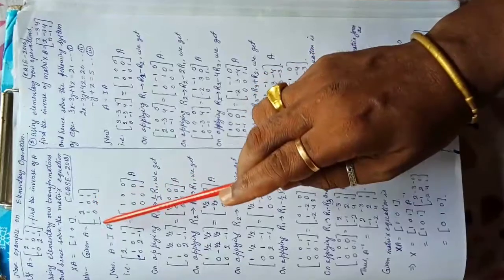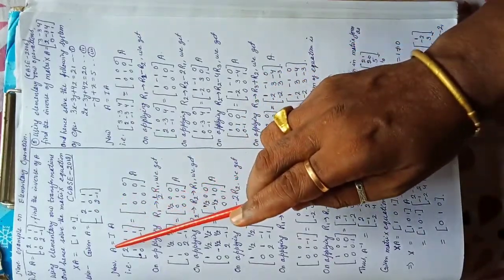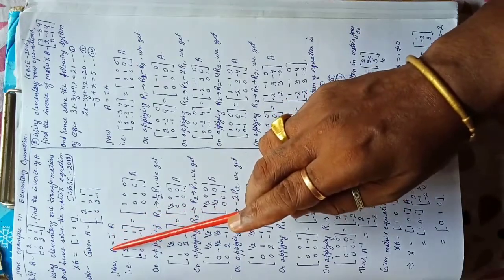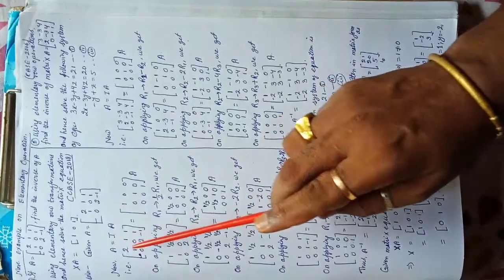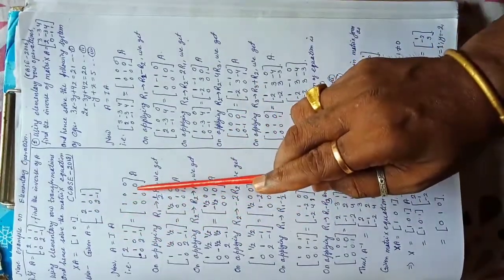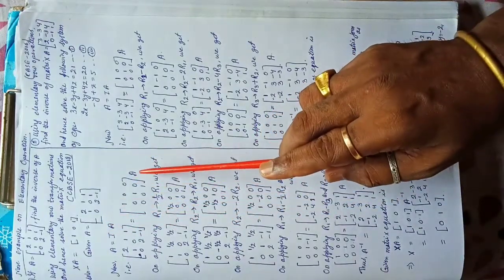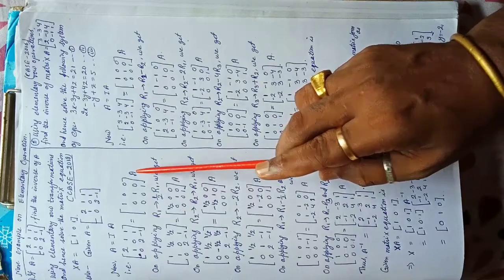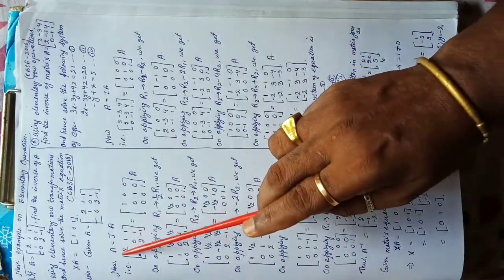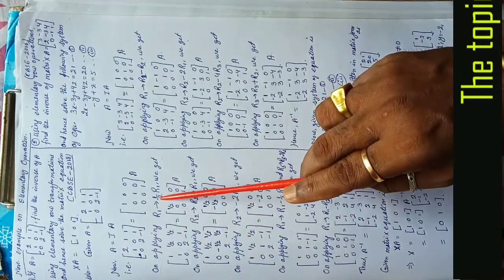A is given. Since we have to apply elementary row operations, we will take this equation. Here in place of this we have put the matrix A, and in place of I, since it should remain untouched, it is written as A. Then we have to find 1 here, that's why row 1 divided by 2.